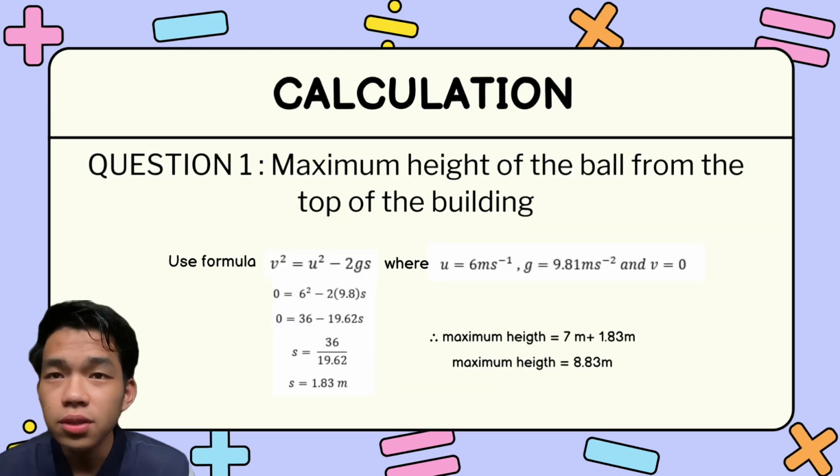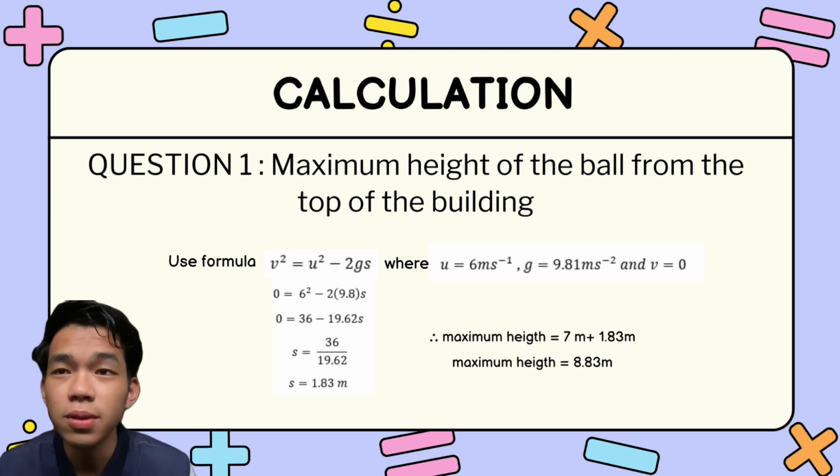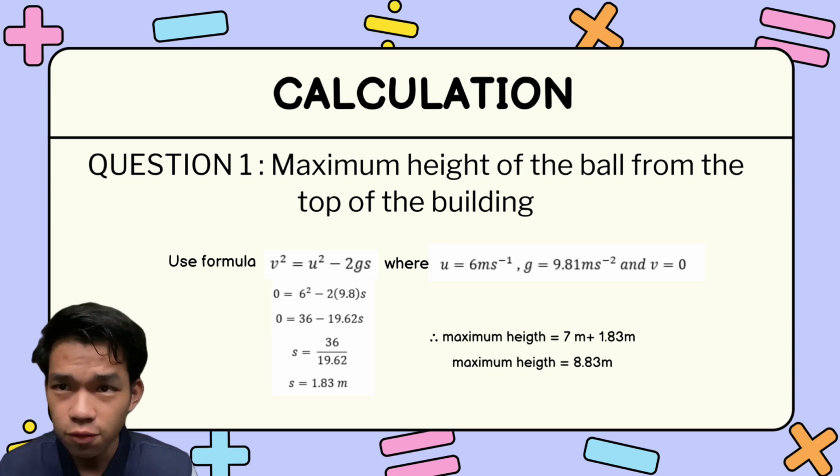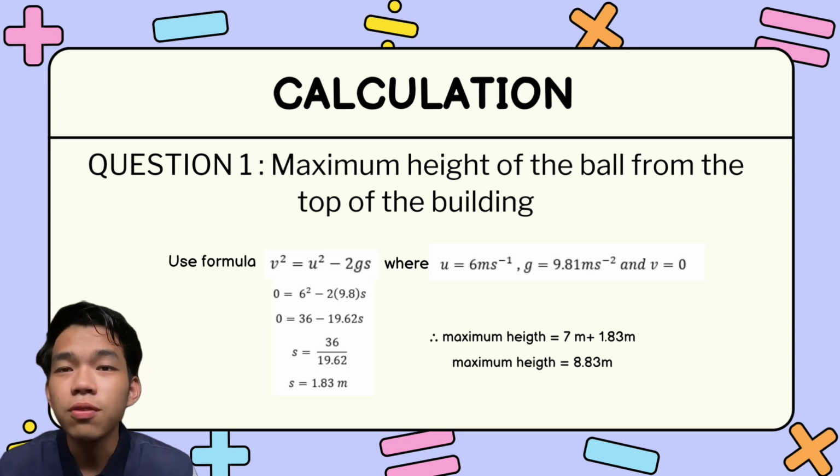Next, I'm going to show the calculation for the first question, which is to find the maximum height of the ball from the top of the building. Firstly, we use the fourth equation, V² = U² - 2GS, where V is the final velocity, U is the initial velocity, G is the acceleration of gravity, and S is the displacement.